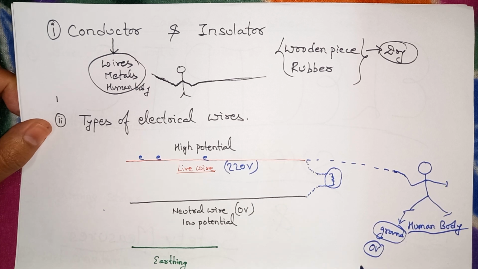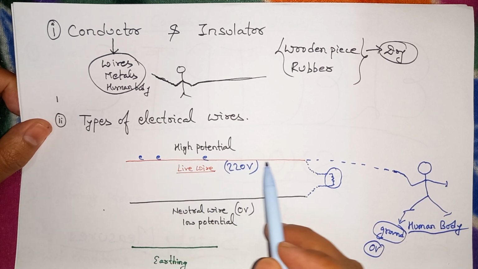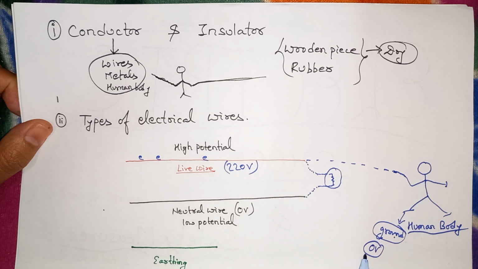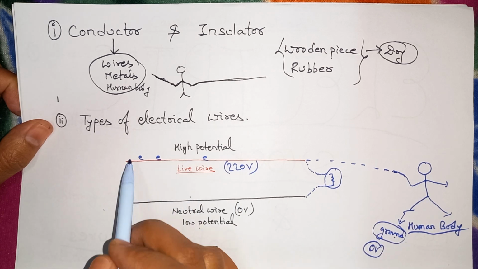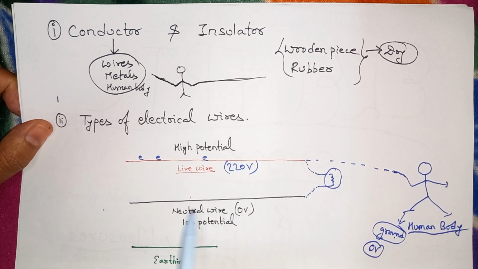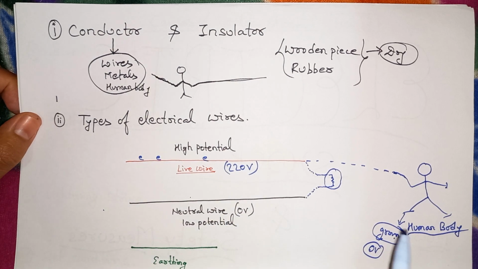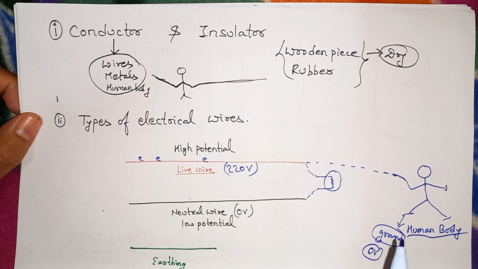Now electrons flow from the live wire to the human body and then to the ground. That means there is a complete cycle. It is going to the lower potential from here. Here also it was coming from higher potential and going to the lower potential. This one is also lower potential. So that's why this is the type of electric shock. Actually this is the cause of electric shock for a human body.